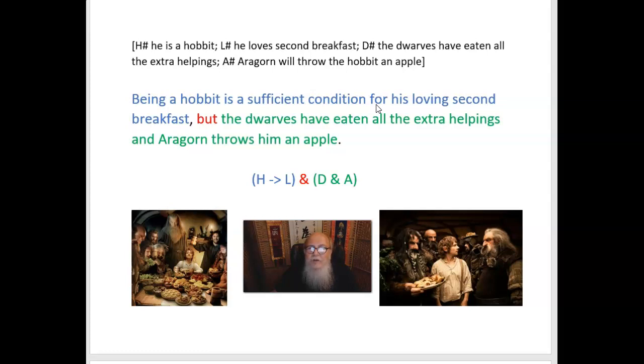Remember our little acronym, sufficient, then necessary, right? S, arrow, N. The sufficient condition always goes in the antecedent, right? So what's the sufficient condition here? Being a hobbit. So if he's a hobbit, then he loves second breakfast, and, because but means and, the dwarves have eaten all the extra helpings, and Aragorn throws him an apple.